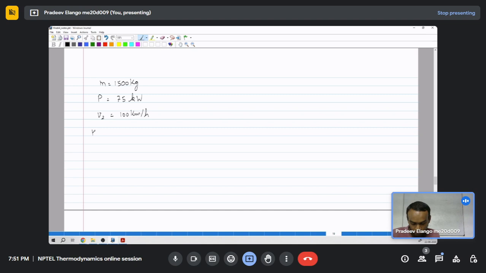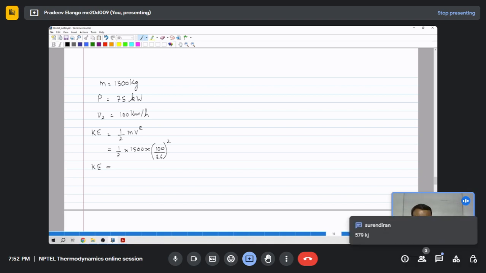Now the kinetic energy at the final state 2 is half mv square, that is half into 1500 into v square, where v is 100 by 3.6, the whole square, and you compute the value of kinetic energy. It is 579 kilojoules.